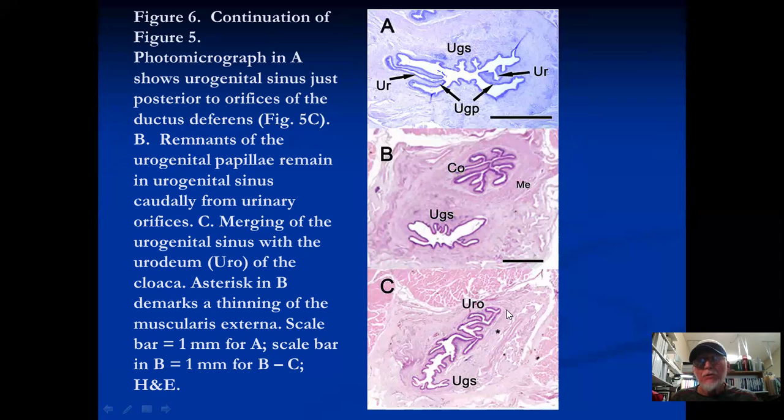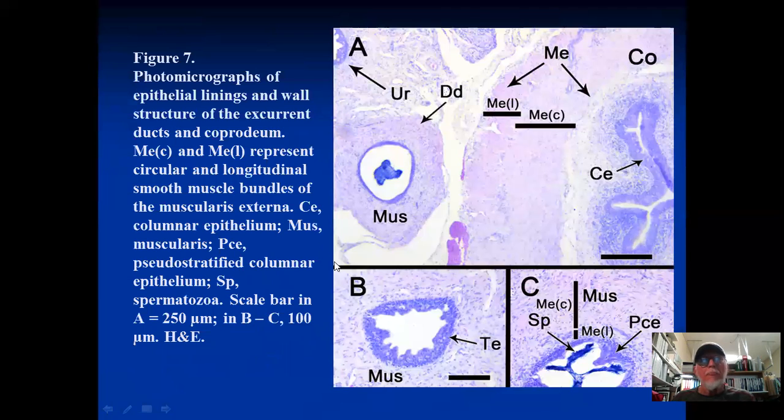The muscularis externa is weakly defined in the urodeum, and you can compare it with the muscularis externa present in the coprodeum. The next slide shows a comparison of those layers of the muscularis within the coprodeum.